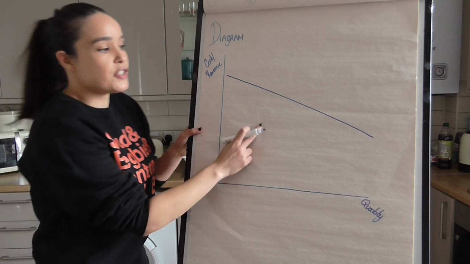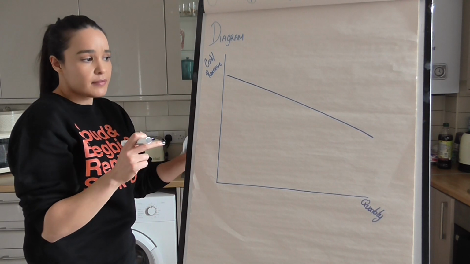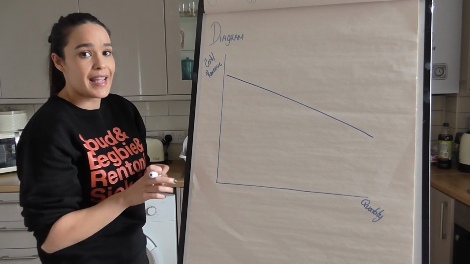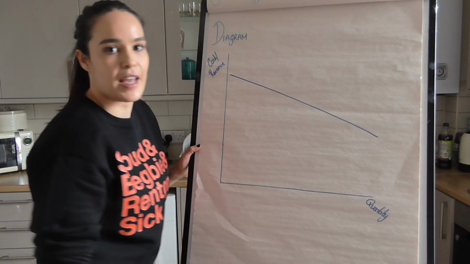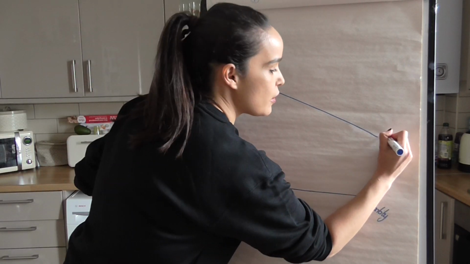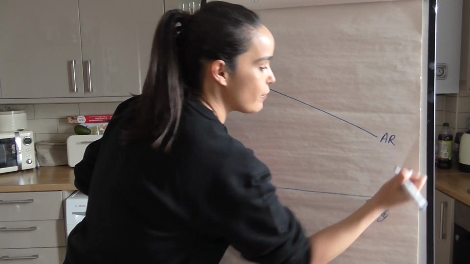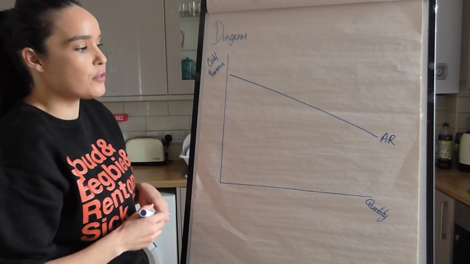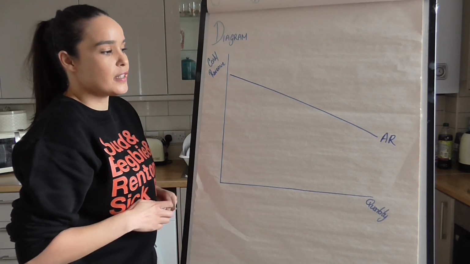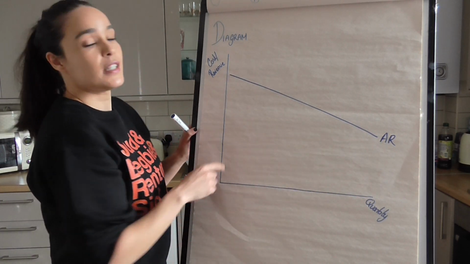Now, eventually, we do know that AR does hit zero, but in this case it will be all the way off our diagram, and we don't need to show that. So we know that this is our average revenue, and our marginal revenue is going to cut through zero halfway along this AR curve.